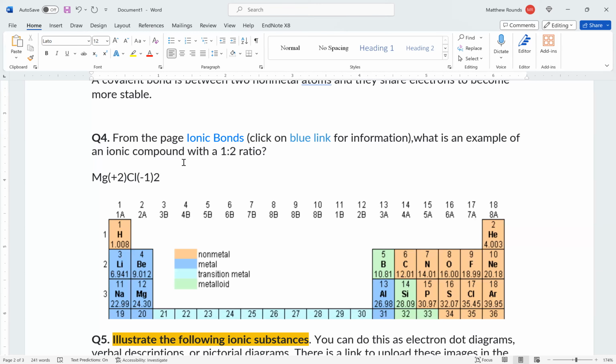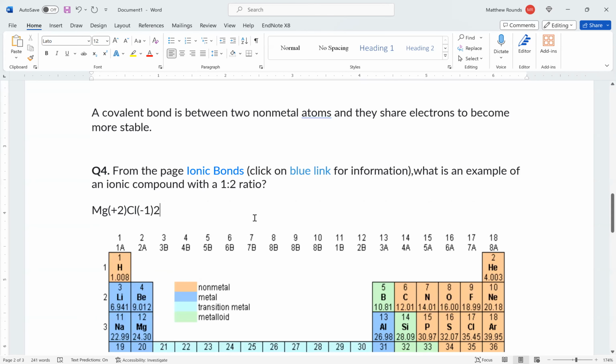And you want to start by talking about what an ionic bond is. An ionic bond is a metal and a non-metal. I would start with that, then add in that something with a 1 to 2 ratio means that you have one magnesium and two chlorides.